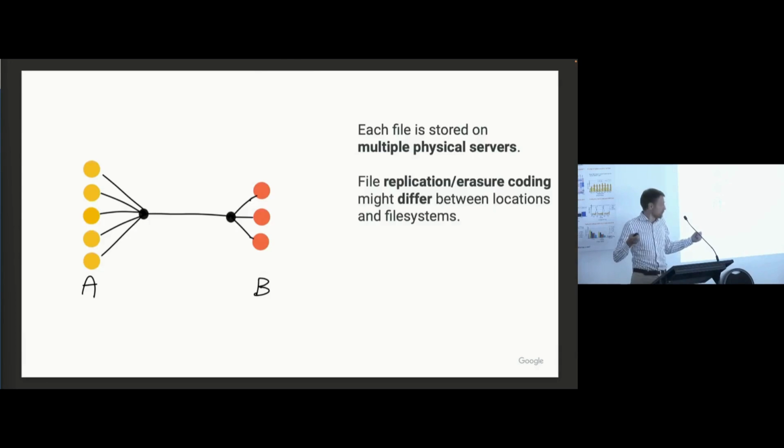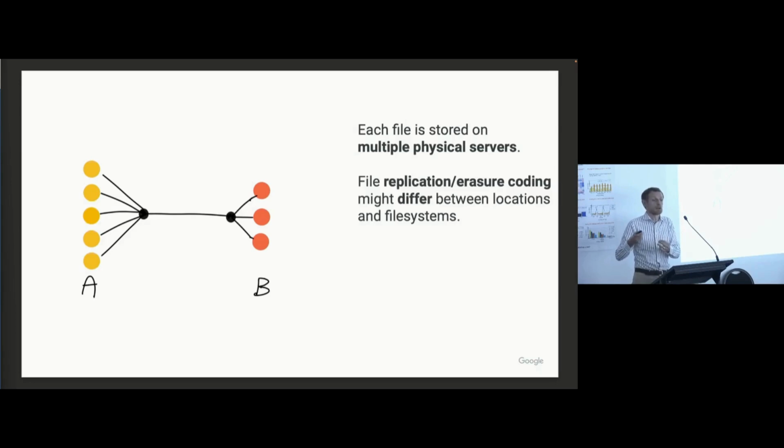First, we very rarely copy from A to B, because all the files we store in Google infrastructure are stored on multiple physical servers for redundancy. And moreover, different file systems may use different encodings.